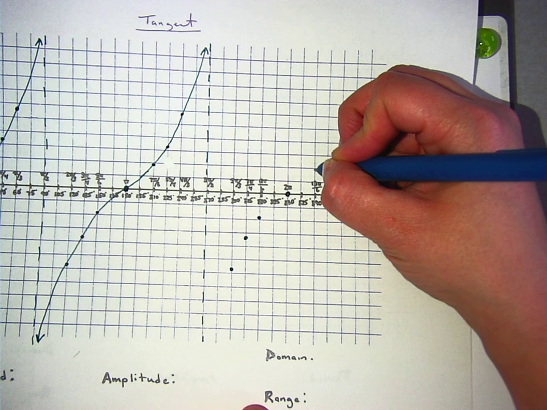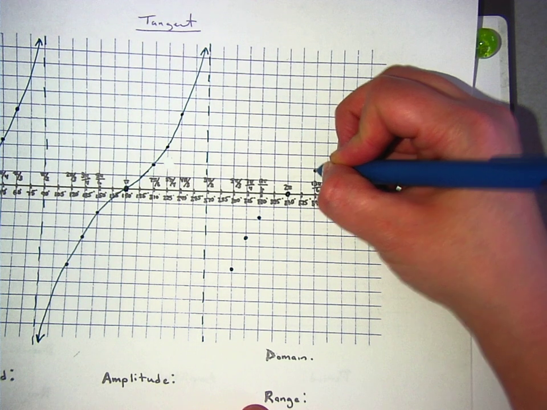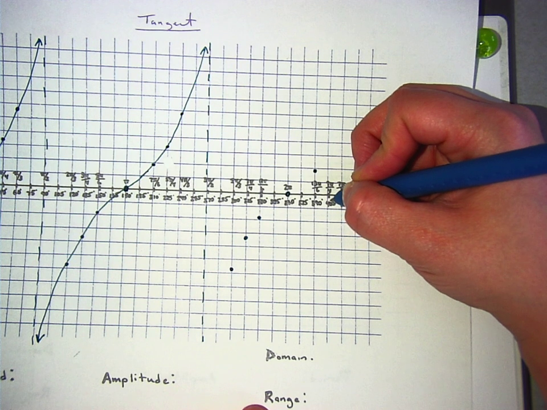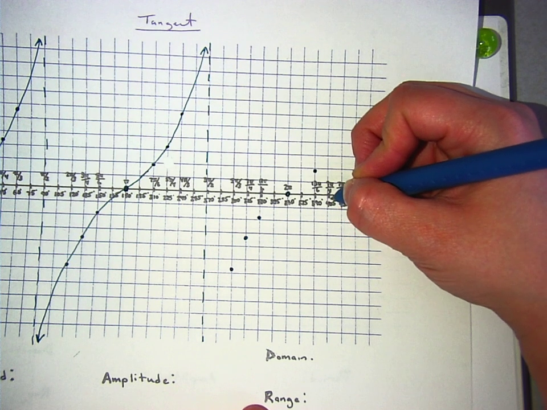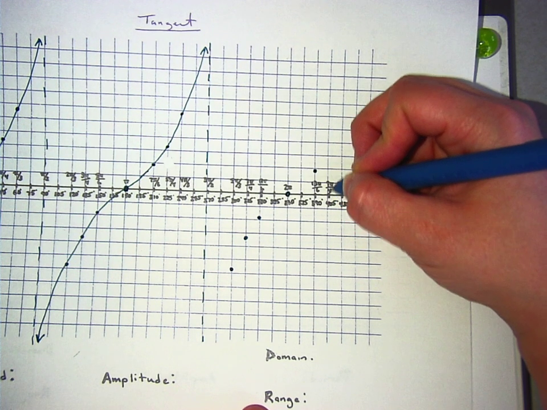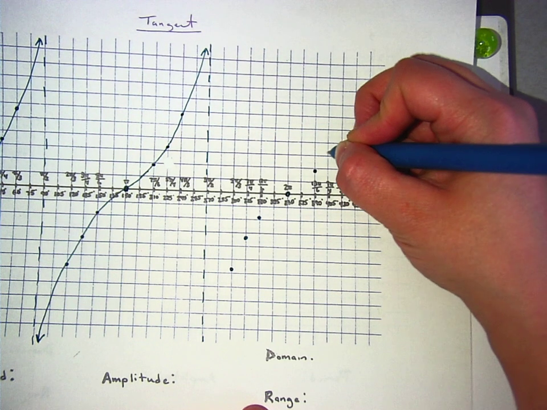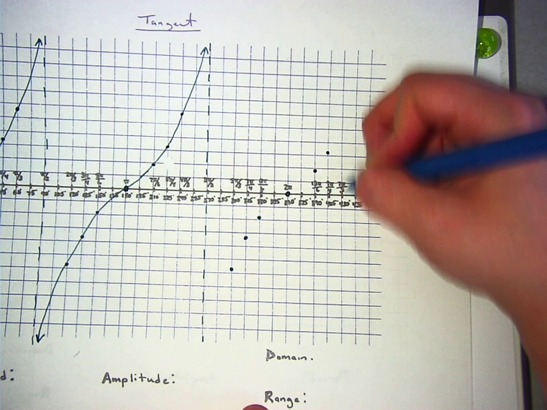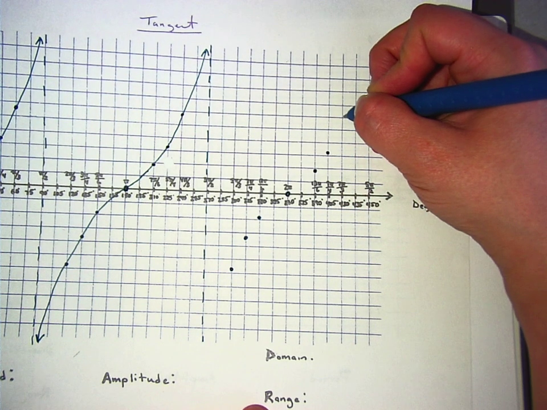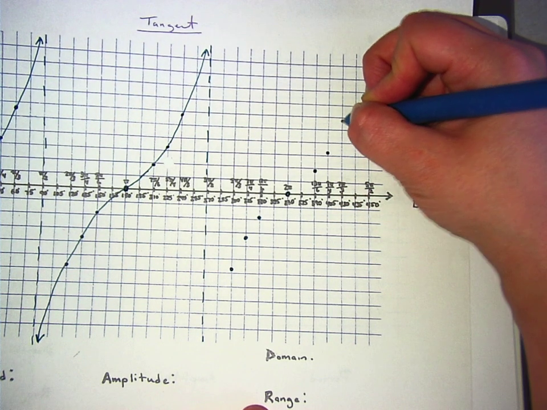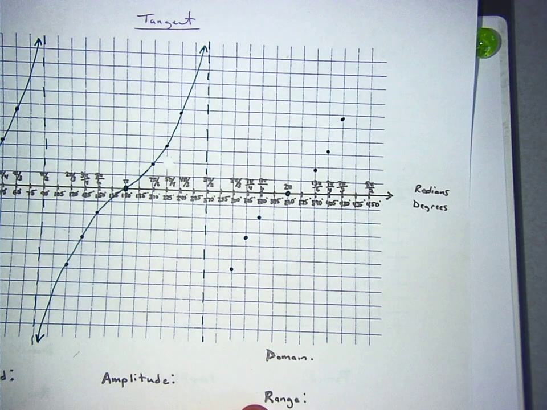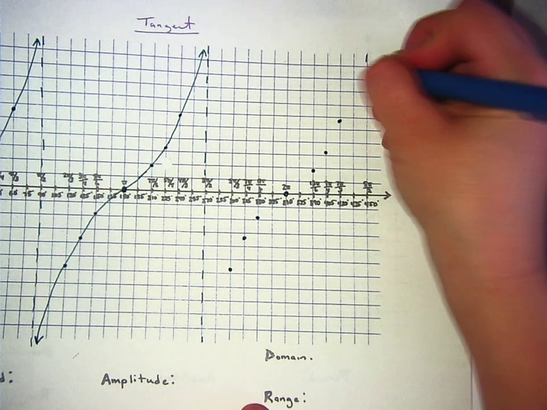Now we're back into that first quadrant. We're just walking around the circle again. Nine pi over 4 is 1. 7 pi over 3 is 1.7. And 5 pi over 2, asymptote.